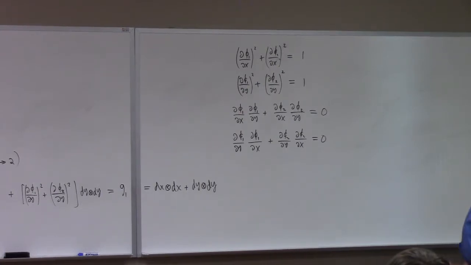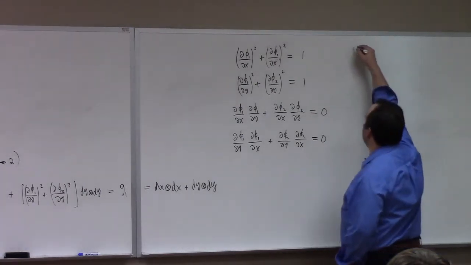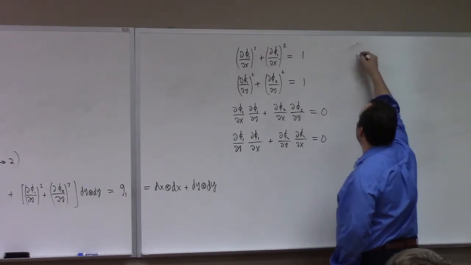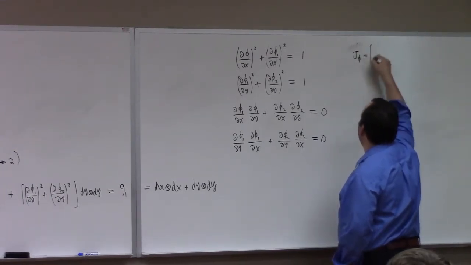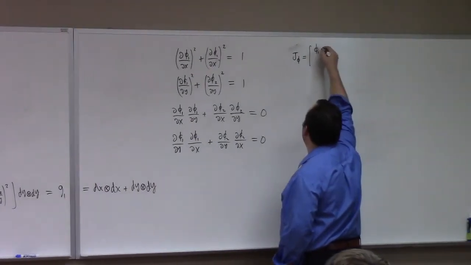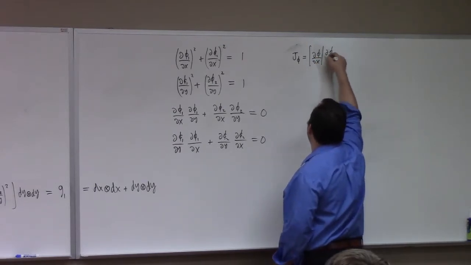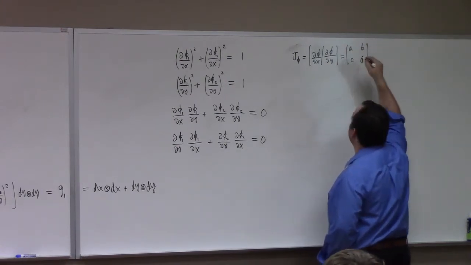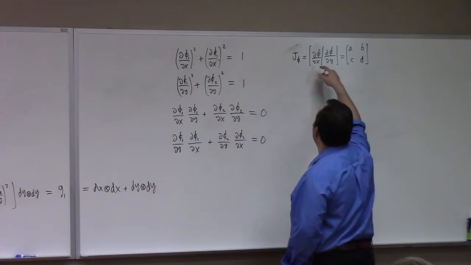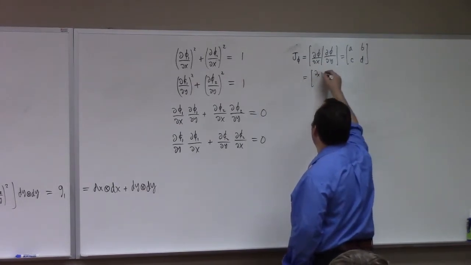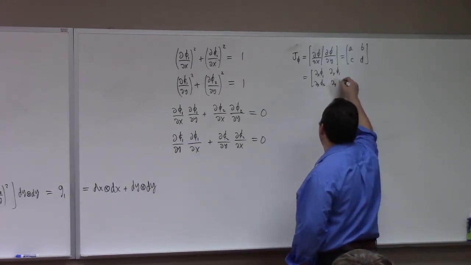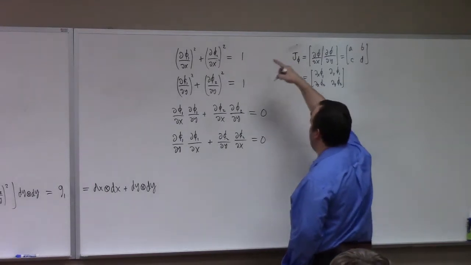Let's see, or maybe this is easier if we look at the Jacobian of phi, which would be what? Right, so these equations, so my equations are actually what?